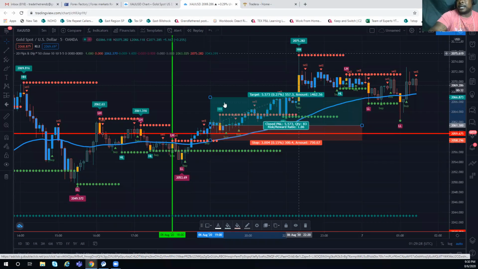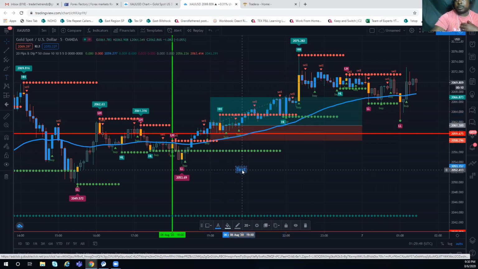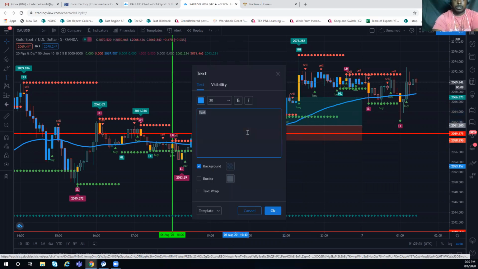It shot all the way up really to 2075. Again, I got out at 2066 because my entry was 2061.30, which actually in Forex terms was about 46 pips. Okay. And I'm going to explain right now what 46 pips was for me personally and what it could be for different people. Okay. So pips, let me see.